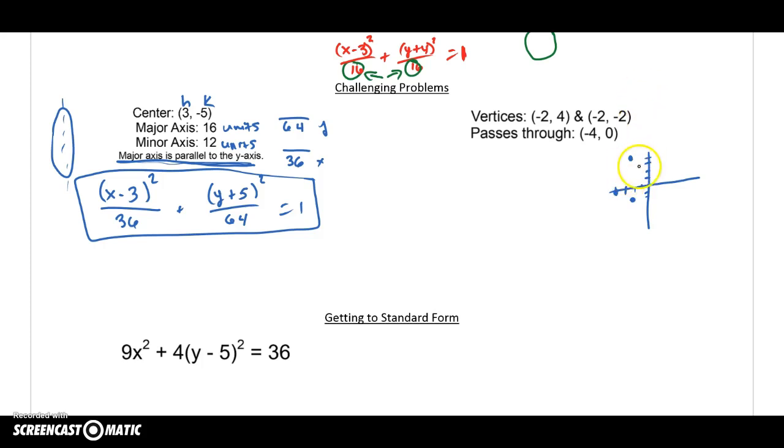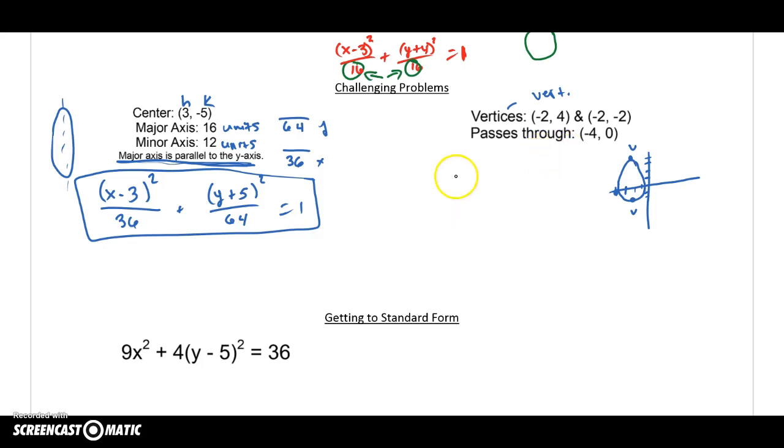So I know that since these are vertices, vertex, vertex, that means this is stretched vertically. Okay, that's a terrible sketch, but that's okay. Because these are vertices, I know that since they lie up and down, it's going to be vertically stretched.